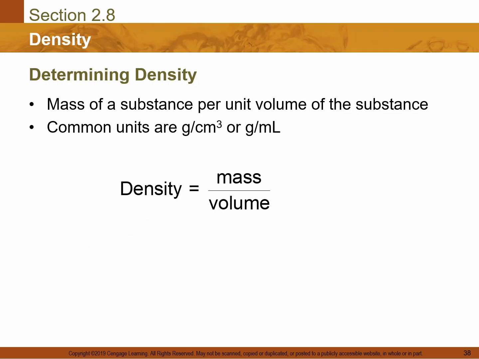All right, and then we need to talk about density. To determine density, we need to have the mass per volume, or mass divided by volume. Common units in this course are grams per cubic centimeter for solids and grams per milliliter for liquids. Because 1 milliliter equals 1 cubic centimeter, those units are closely related, almost identical.